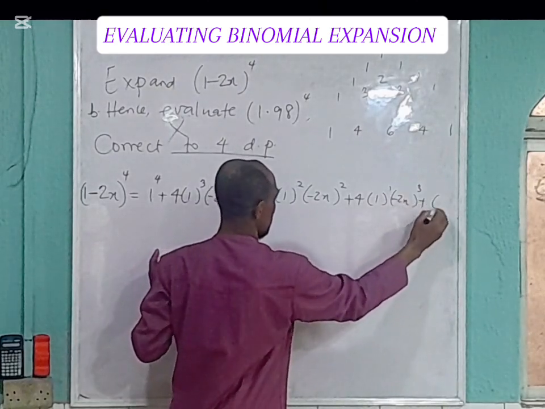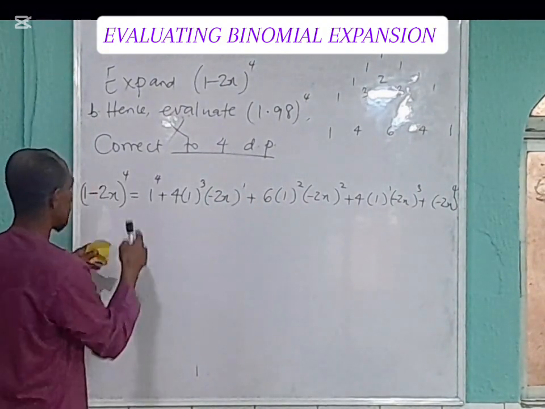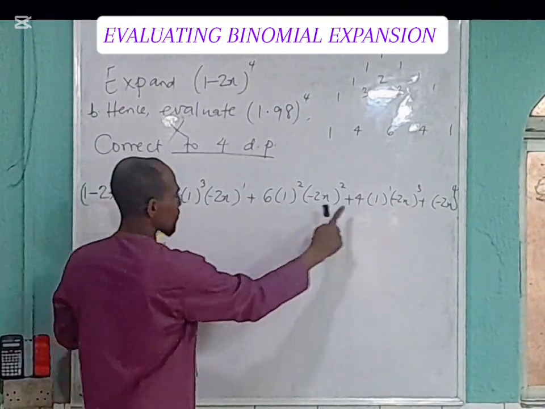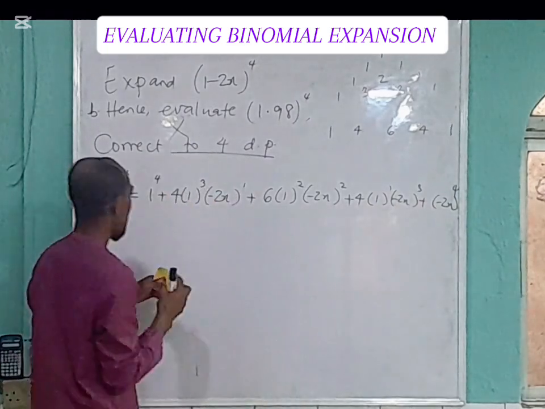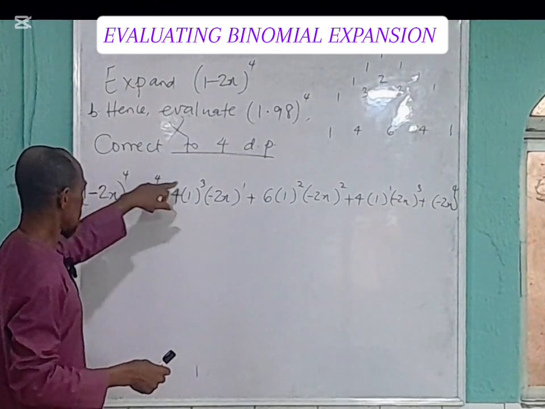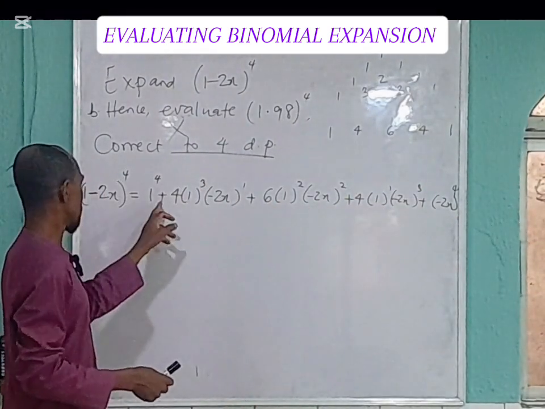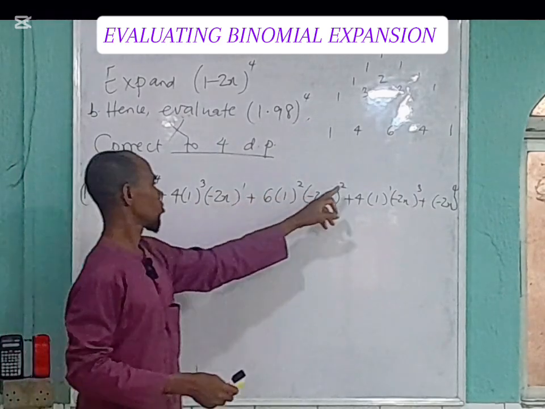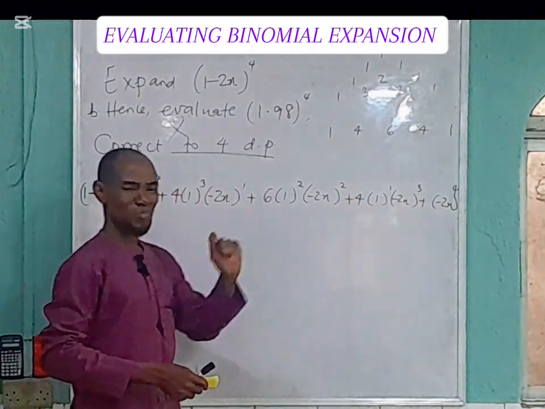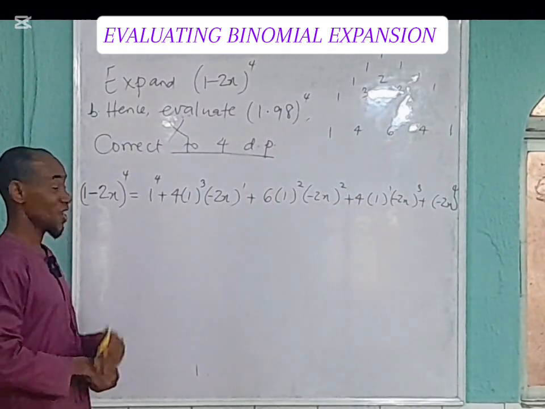Then lastly, minus 2x power 4. So we got our coefficients 1, 4, 6, 4, 1. And for the powers, the first value is decreasing, 4, 3, 2, 1, 0. The second value is picking up from 0 here, 1, 2, 3, 4. You may need to look back at our video on Pascal's triangle for a clear understanding of this.